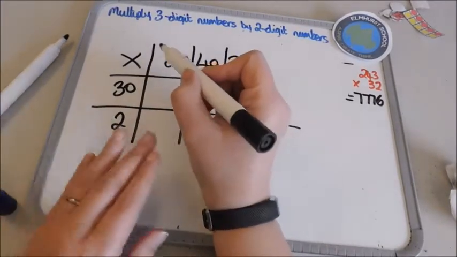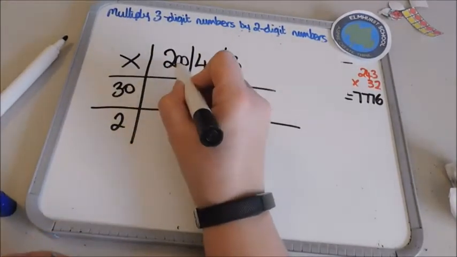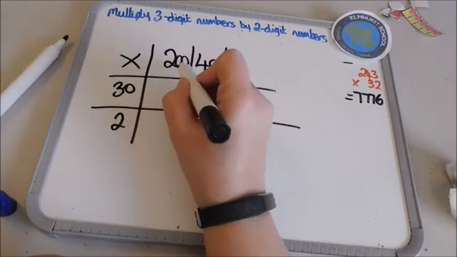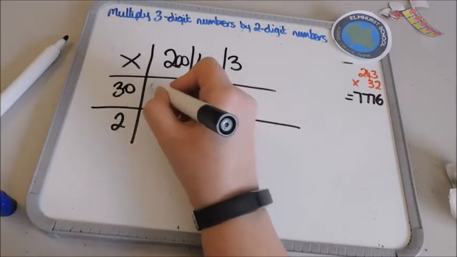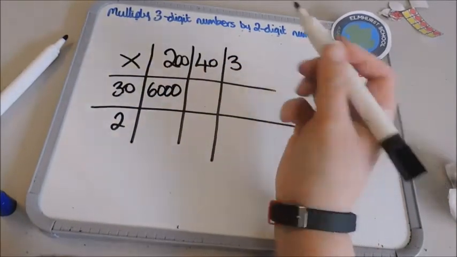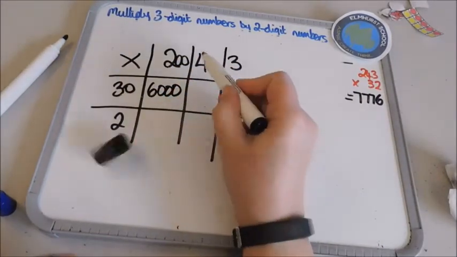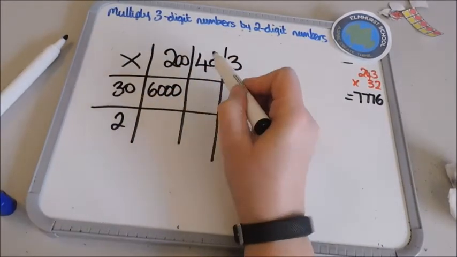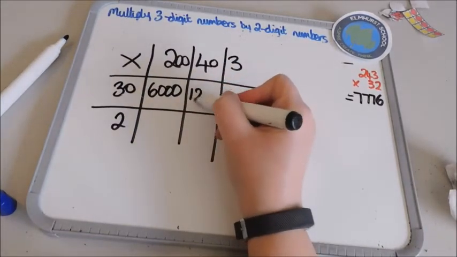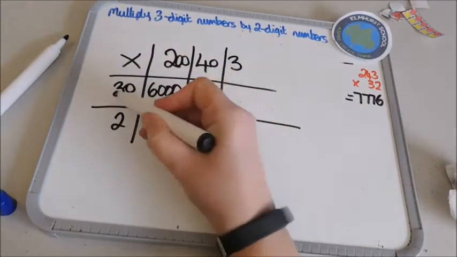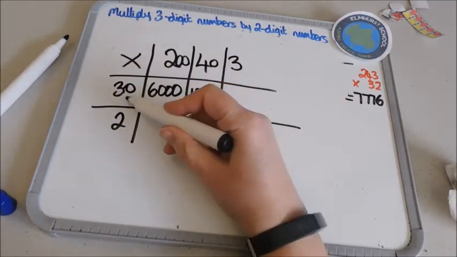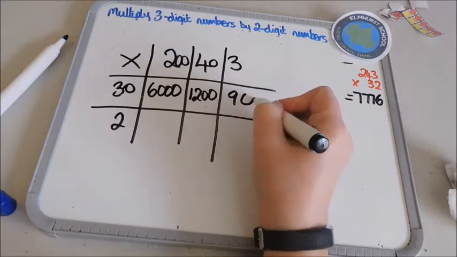I know that 3 lots of 200 would give me 600, so 30 lots of 200 is 10 times bigger, so that would be 6,000. 30 lots of 40: 3 lots of 40 is 120, this is 10 times bigger, so it would be 1,200. And then 30 lots of 3: 3 times 3 is 9, this is 10 times bigger, so that will be 90.